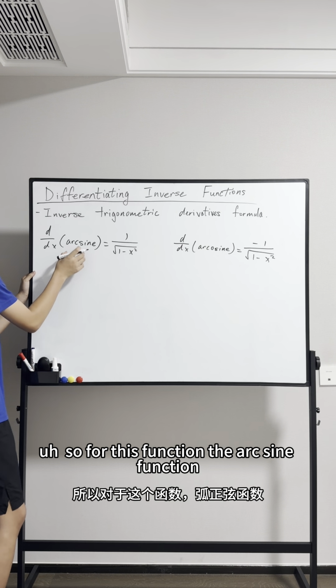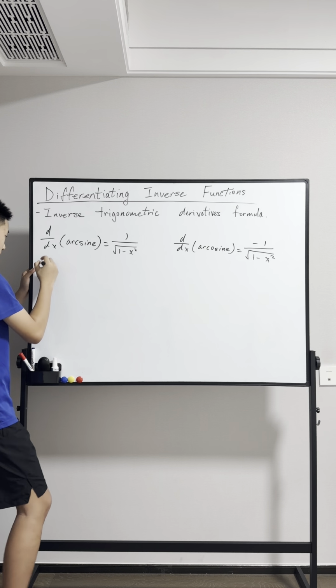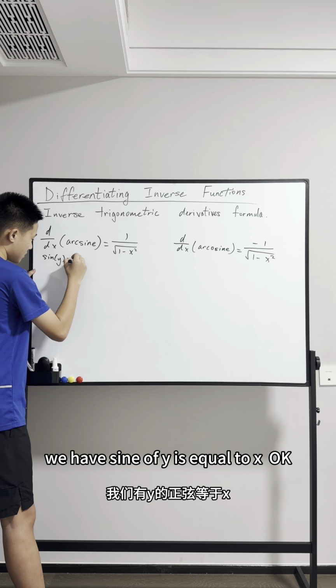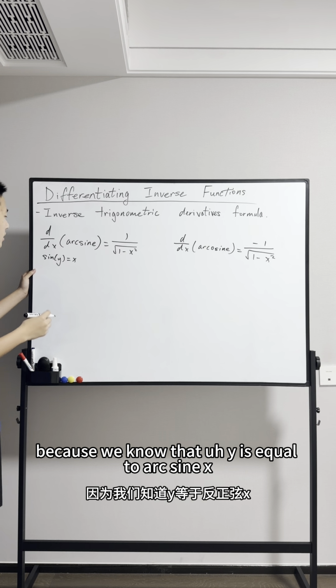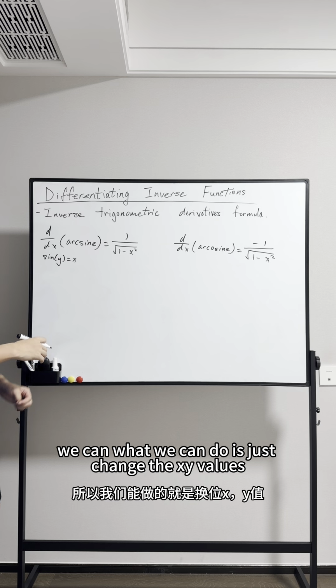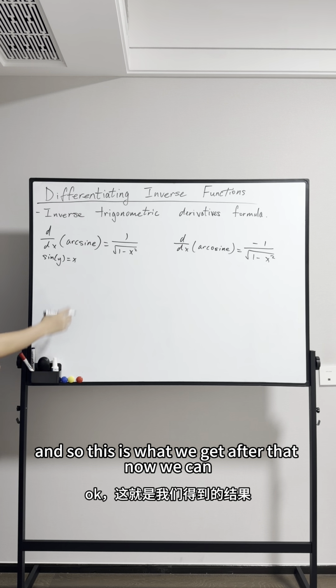For the arcsine function, we have sine of y is equal to x. Because y is equal to arcsine x, and arcsine is basically the inverse function of sine, we can just switch the x and y values. And this is what we get.